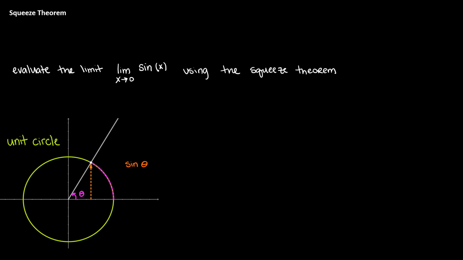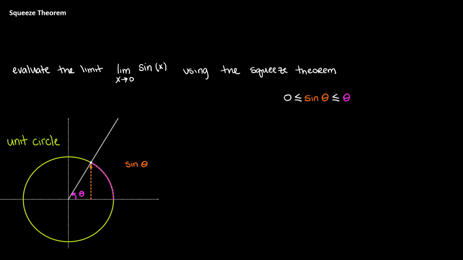And if we limit ourselves to only consider points in quadrant 1, then we can come up with this inequality. Our function sine theta is sandwiched between two other functions. The small function is 0. The larger function is theta. Once we have this inequality established, we can start using the squeeze theorem.